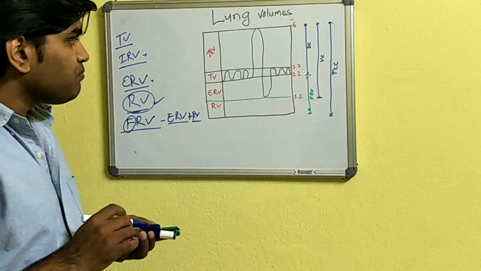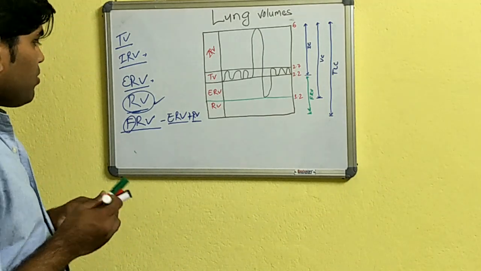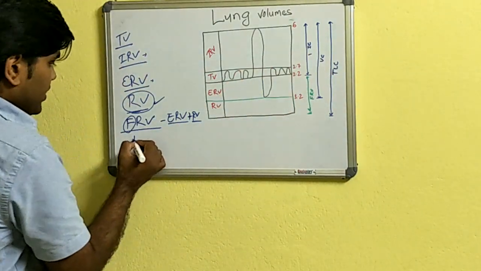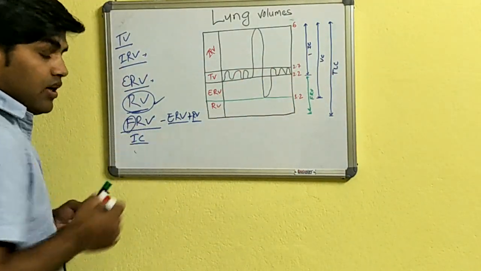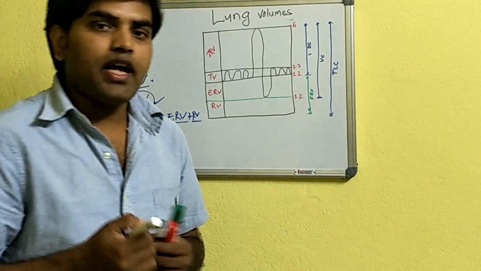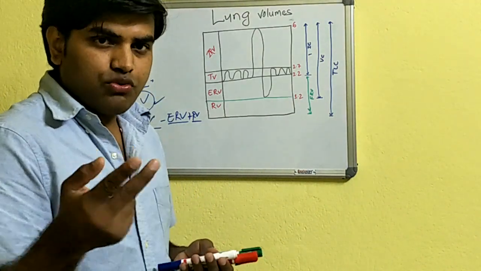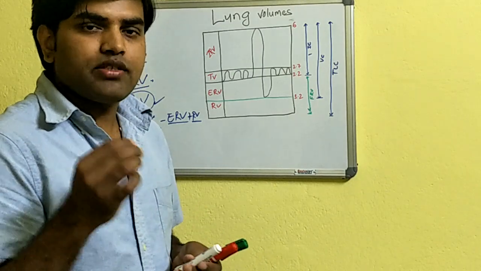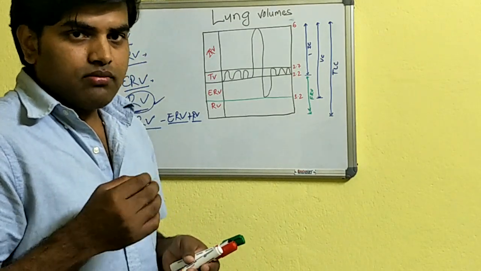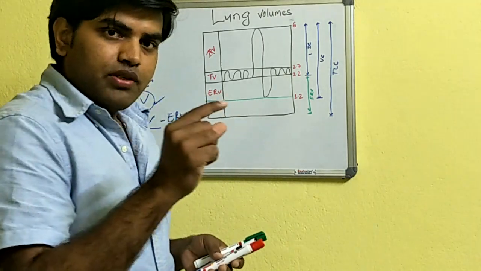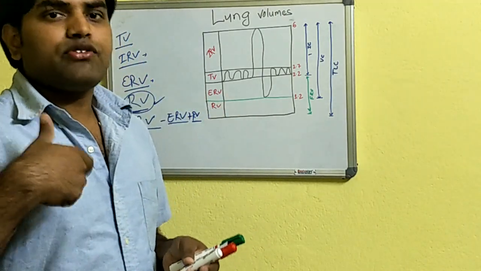That's all. Now comes another term, the inspiratory capacity. Inspiratory capacity is the total amount of air that the lung can inspire. There are two components: normal tidal inspiration and inspiratory reserve volume.